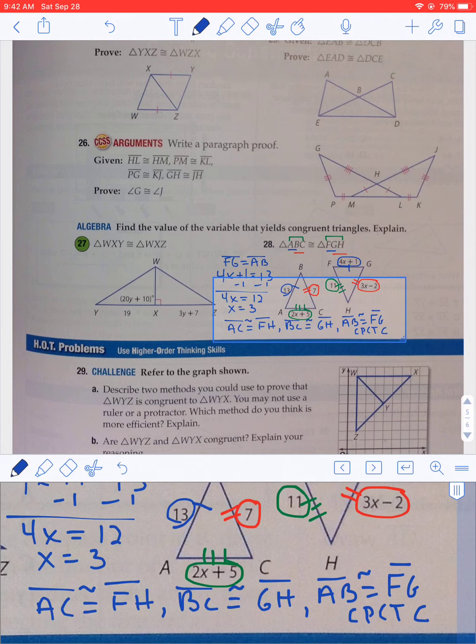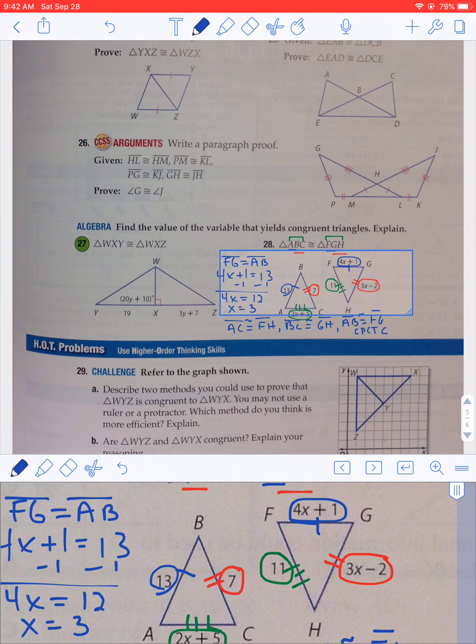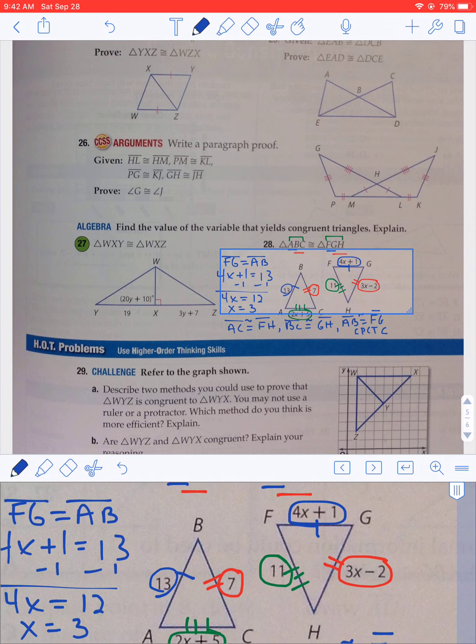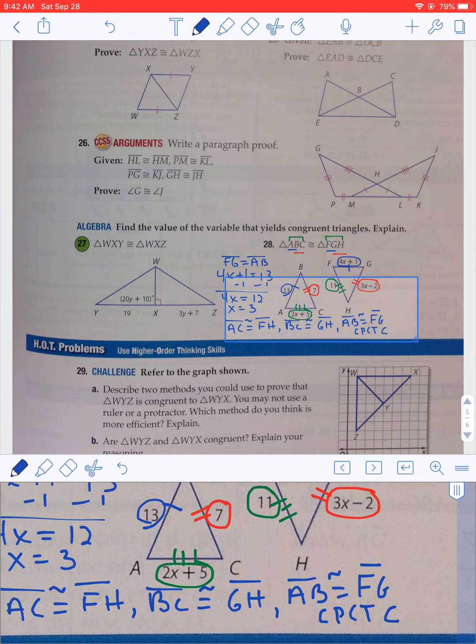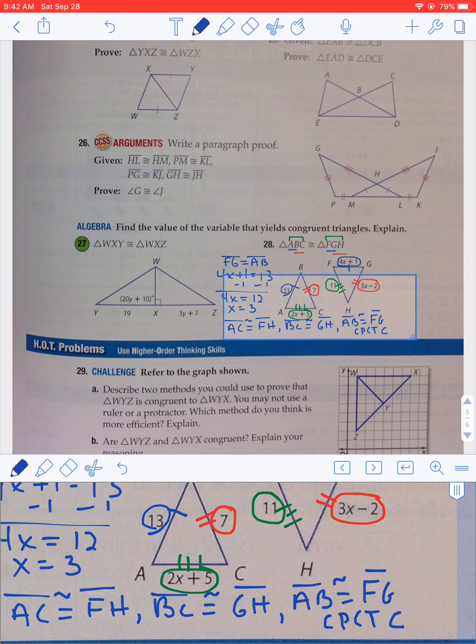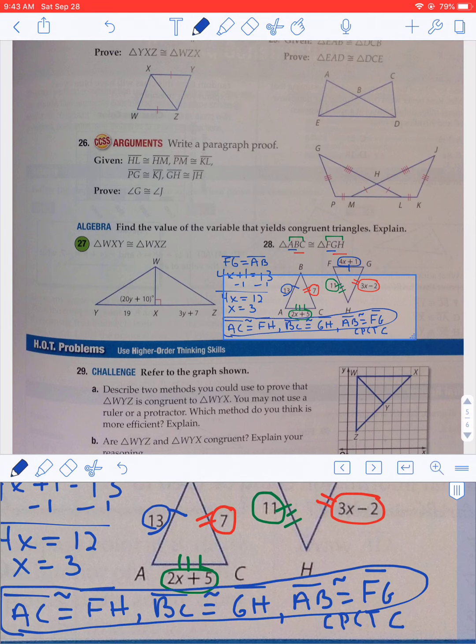So again, if you want to copy these down and show it this way by doing the congruency marks and then saying CPCTC, or you could just list out what I just did right here, or draw the diagram showing the congruency, either way you still need to end with CPCTC as how we figured out the value of the variable.